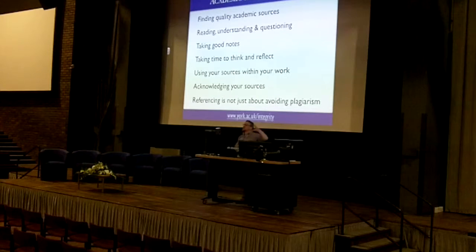In other papers, there might be hundreds of references. So it's your responsibility to try and find out within your field what the accepted practices are. So reading, understanding, and questioning. What you often see with people using quotations, for example, is that they just cherry pick, we call it. They don't really read the whole article.